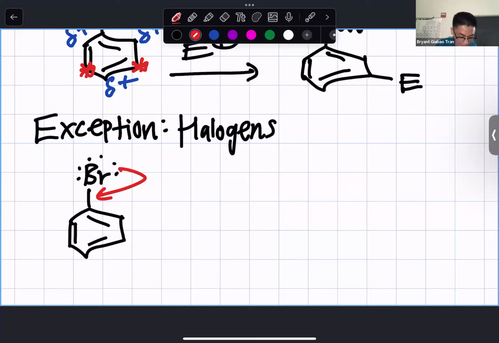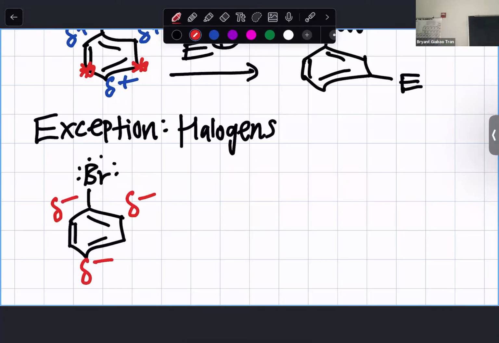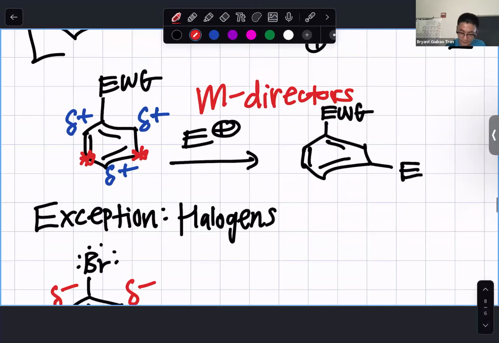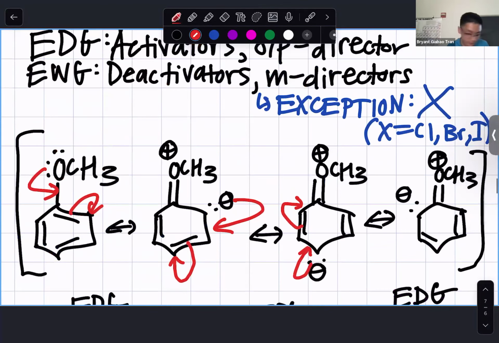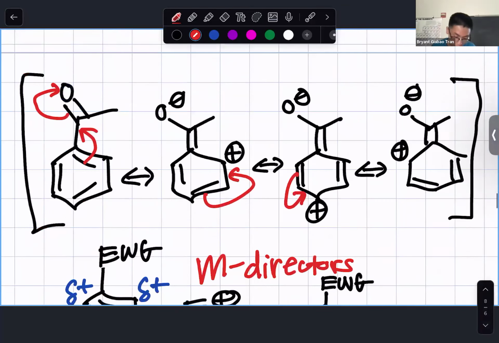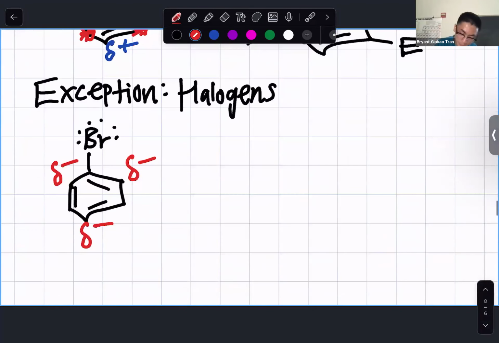So when we do resonance, we will have partial negative charges on the ortho and para positions, because this bromine has lone pairs of electrons which can donate into the ring and give negative charges on the ortho and para positions to the bromine. But this bromine here is not considered an EDG, right?